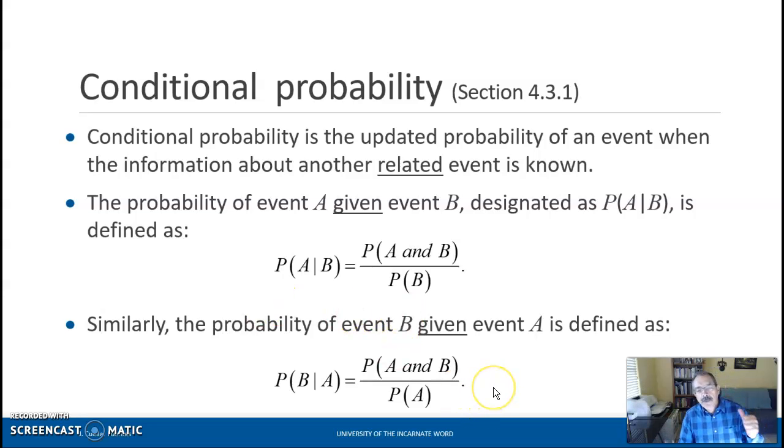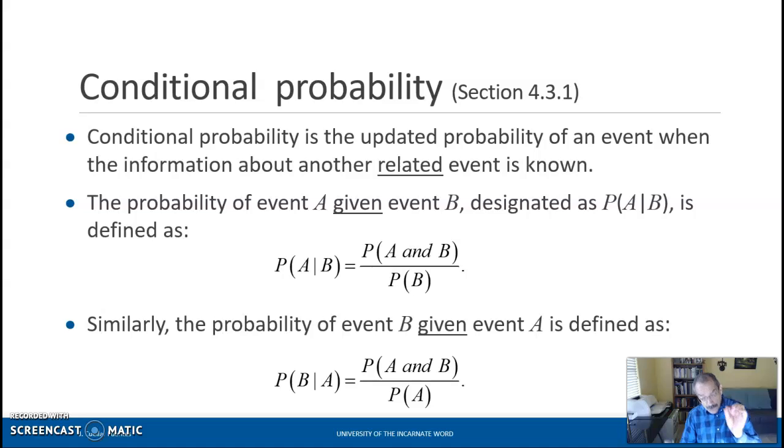The conditional probability of A given B, we designate as probability of A vertical line B. The vertical line means given that the event B is observed, or we want to find something about A given that we know B.